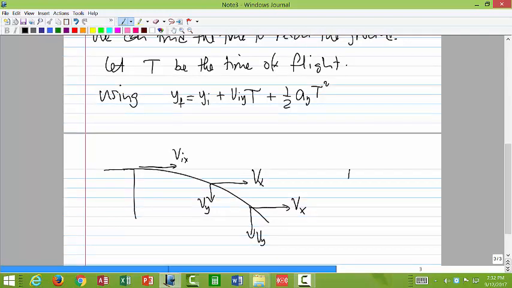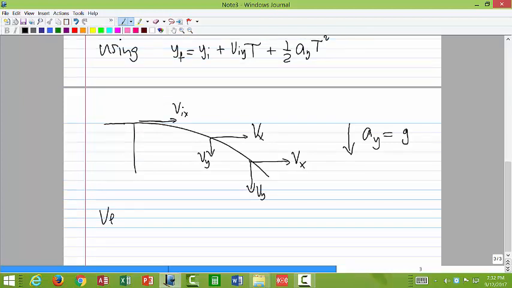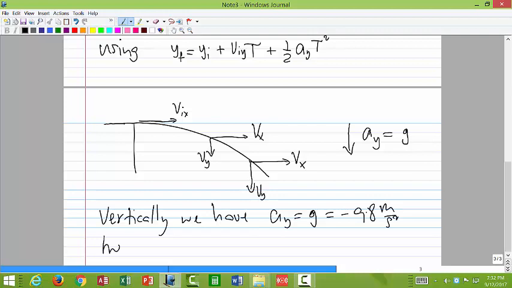For the vertical motion, the acceleration in the y direction is just equal to the acceleration of gravity g. So vertically we have a y equals g, which is negative 9.8 meters per second squared. The vertical part of the motion is uniformly accelerated, and horizontally, the x component of the acceleration, a subscript x, is equal to 0.